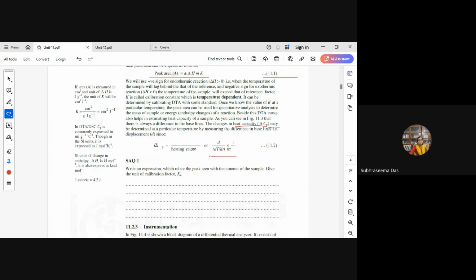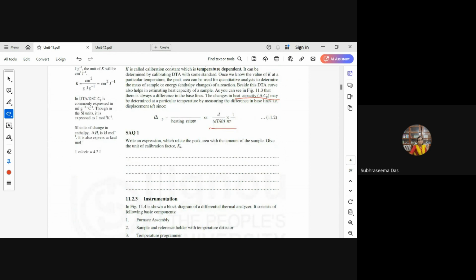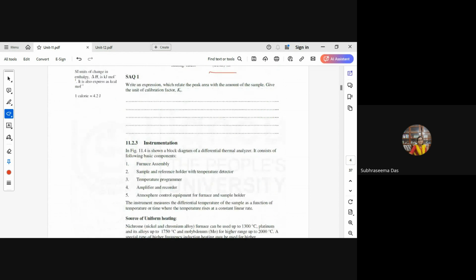With these equations, from a DTA curve we are able to find out the peak area, the change in enthalpy, delta H, and the change in heat capacity, delta Cp. So DTA is particularly useful in the calculation of Cp and delta H.